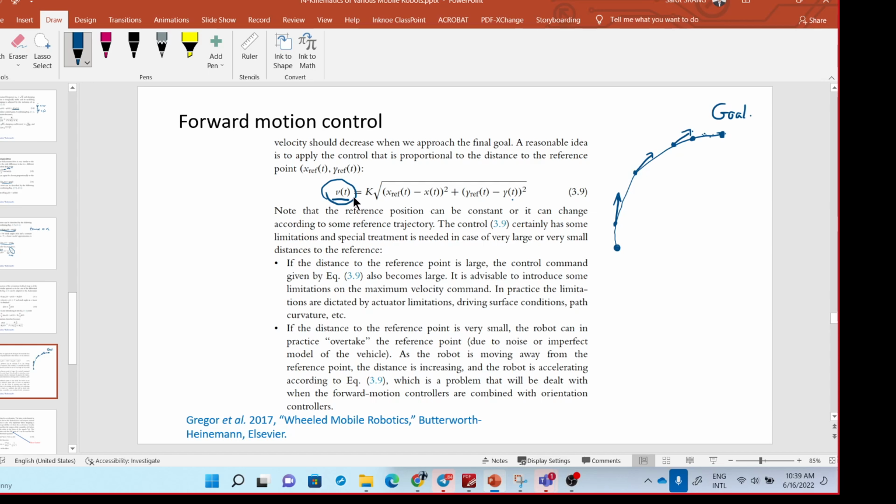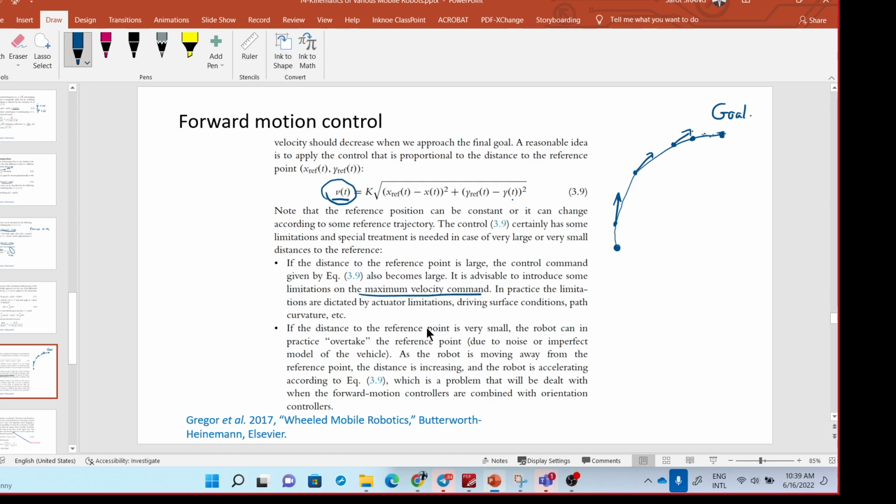Especially, the biggest problem is that too high velocity may induce instability. So it's advisable to introduce a maximum velocity.